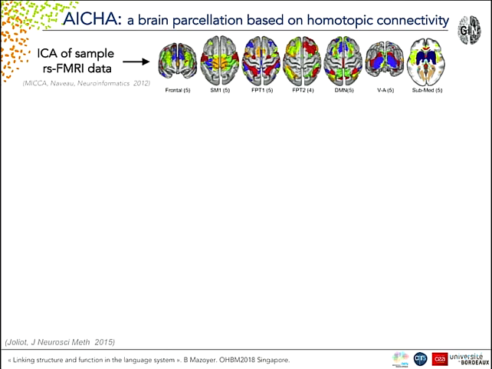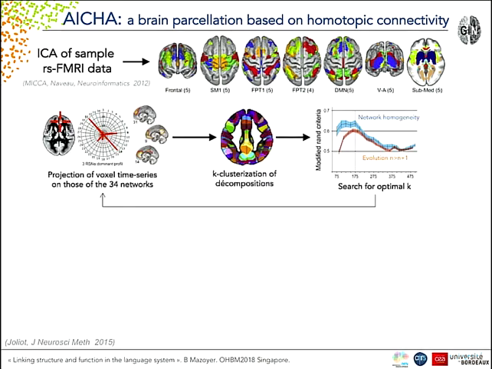So for this, we use the resting state data. In the same 144 subjects, we use independent component analysis, and we extract a number of what we name resting state networks. These are the networks visualized here. Now what we do is, for each voxel, we build a profile of how this voxel's time course projects on these different networks.